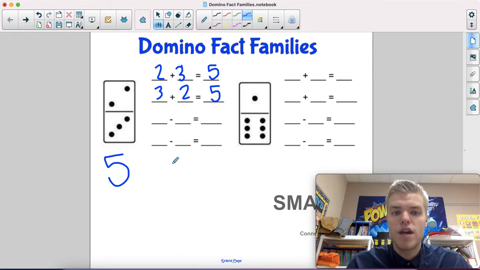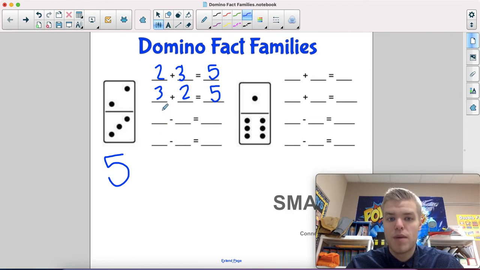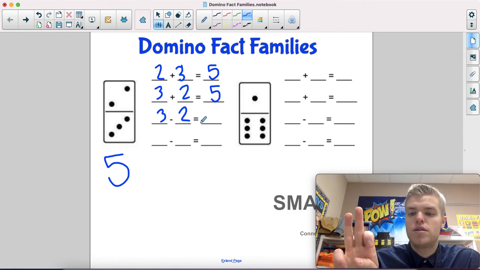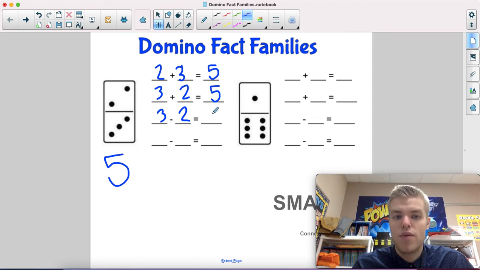Okay? Friends, now when I use my subtraction facts, we can't use the little numbers first because, let's say 3 minus 2, if I have 3 and I take away 1, 2, I only have 1 left. And 1 isn't one of our three numbers. Okay, so we always have to start with our biggest number.